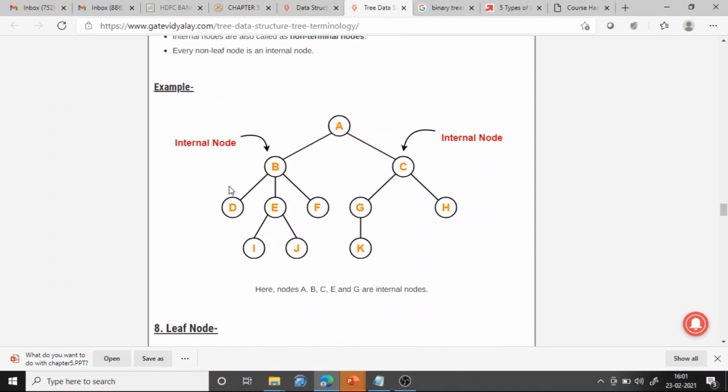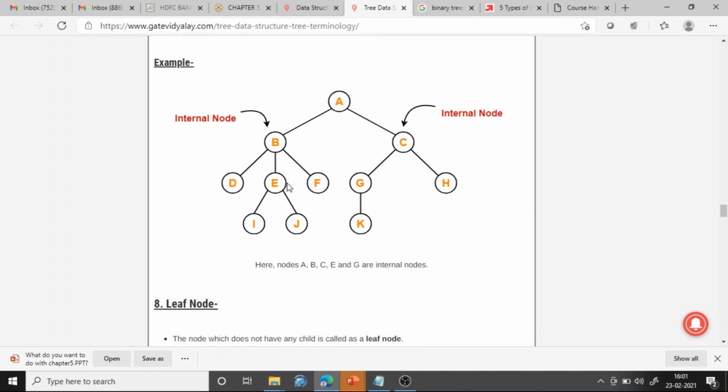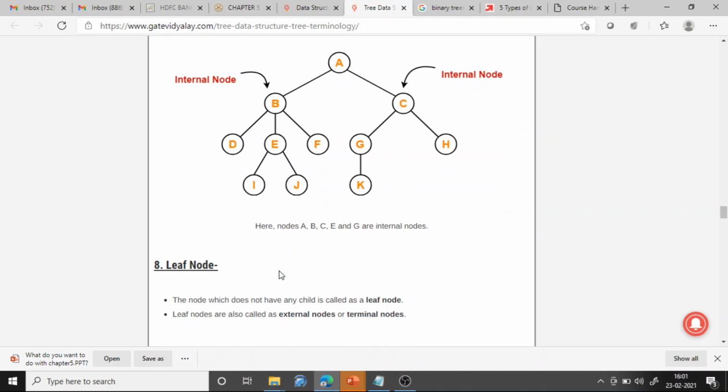In this graph, the terminal nodes are D, I, J, F, K, H. These are not internal nodes. Other than these, all other nodes are internal nodes: A, B, C, E, and G. Even the root node is an internal node. All nodes other than the leaf nodes are internal nodes.